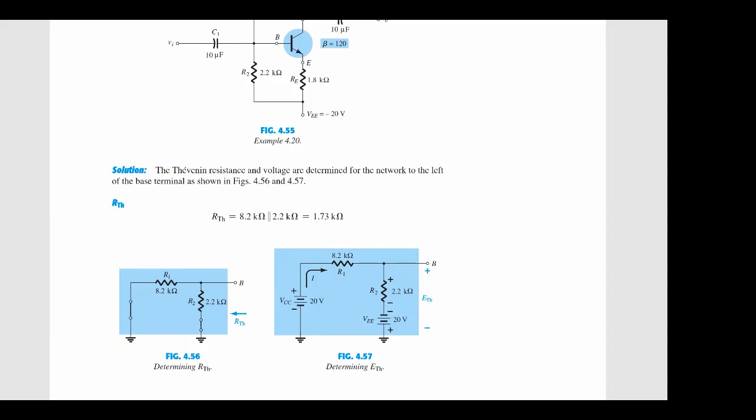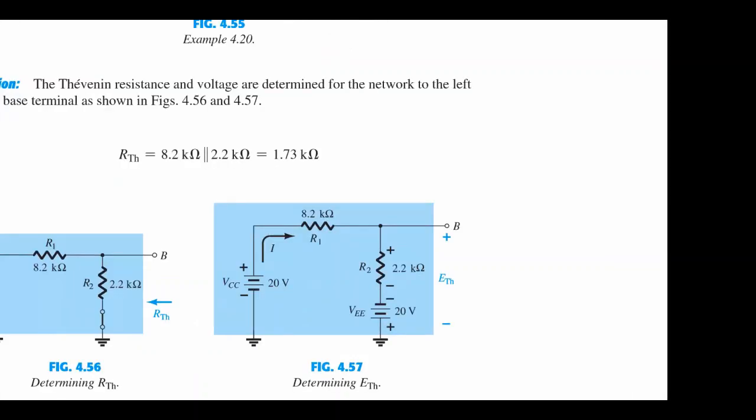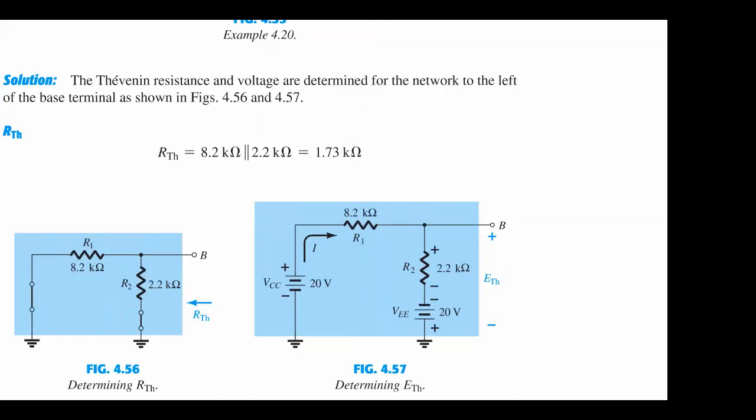Yes, sir. Right. So taking a look at figure 4.56, we can see that R1 and R2 become in parallel, and when they become in parallel, we can find the Thevenin equivalent resistance, which is RTH, right? Are you with me? Yes, sir.